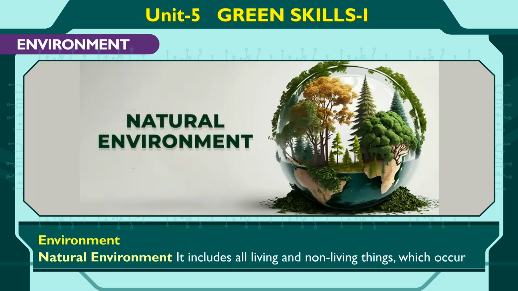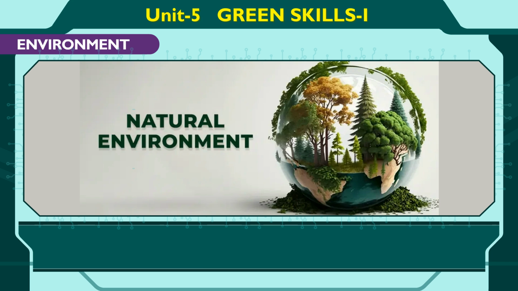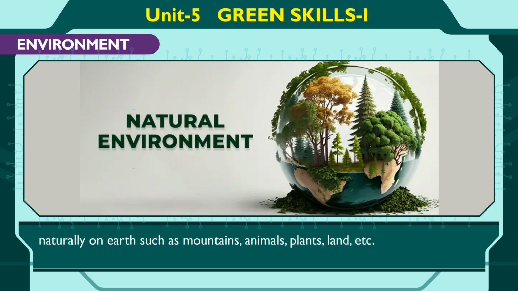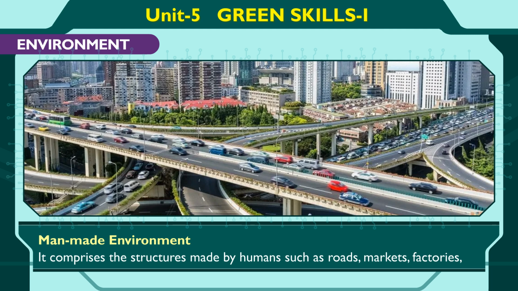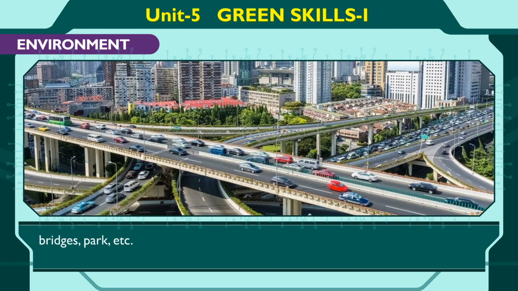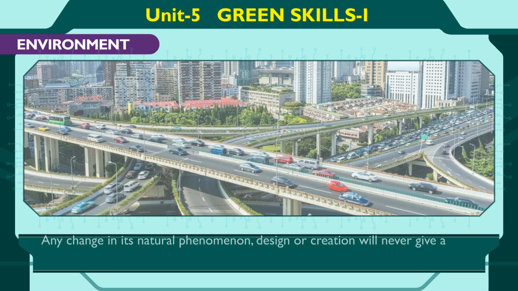Environment. Natural environment. It includes all living and non-living things which occur naturally on earth such as mountains, animals, plants, land, etc. Man-made environment. It comprises the structures made by humans such as roads, markets, factories, bridges, parks, etc.